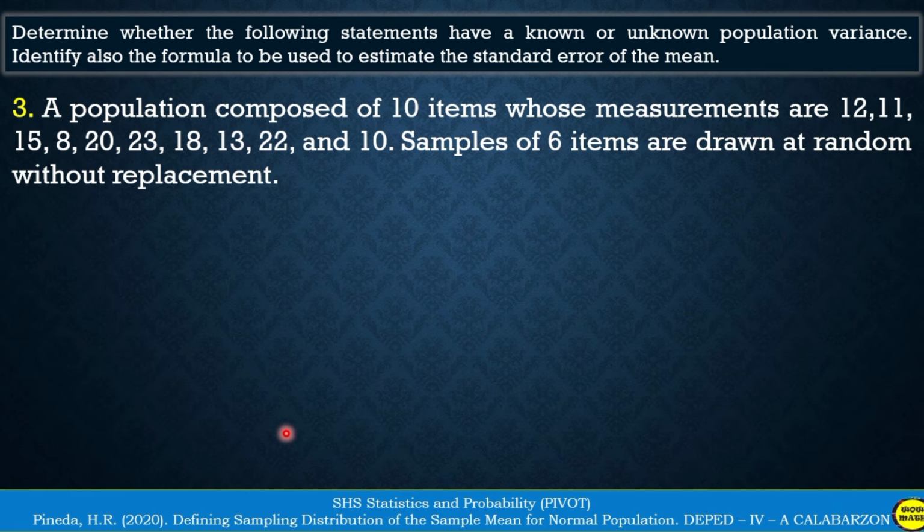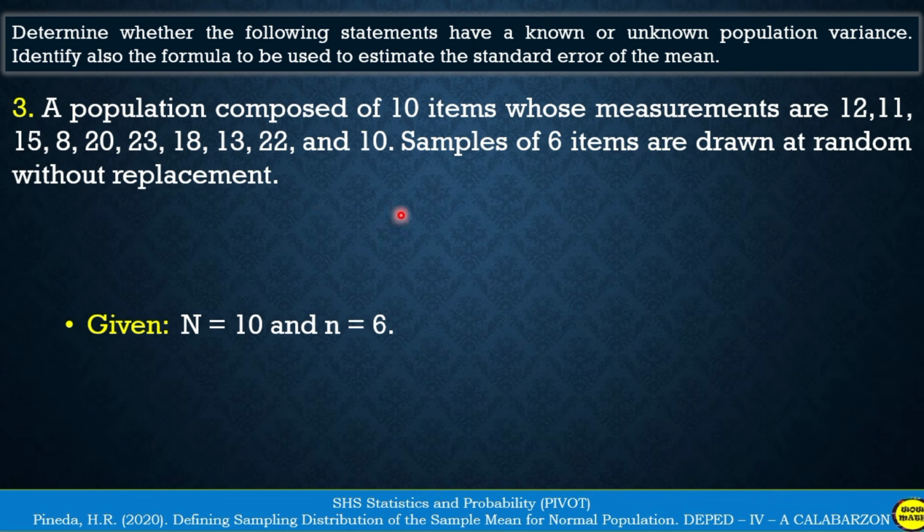So, una muna, syempre, kunin natin yung mga given nito, para hindi kayo mahirapan. So, based on the situation, ano yung mga given natin? Yung population size natin is 10, and then the sample size is 6.